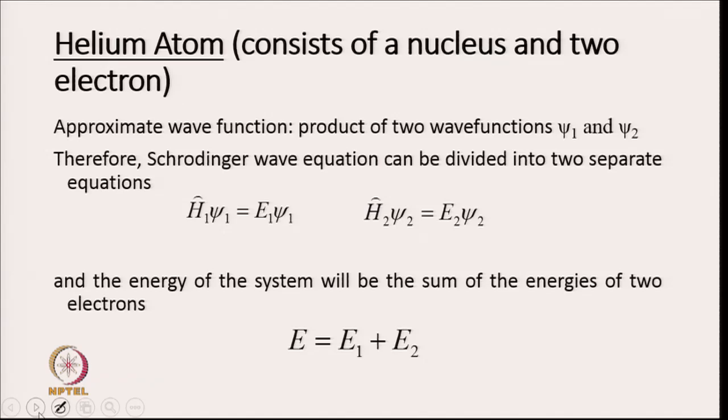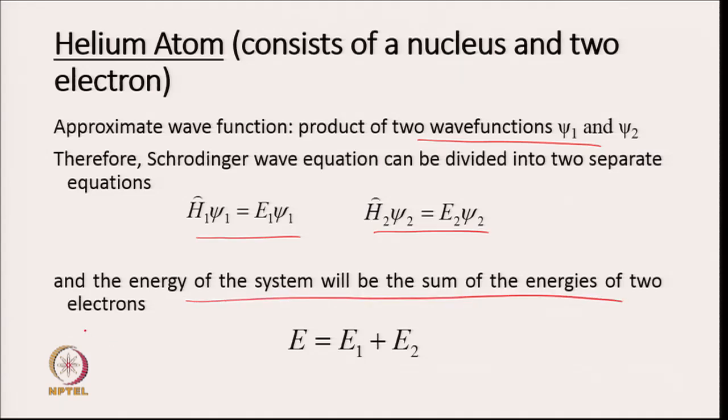So, the approximate wave function in this case will be the product of two wave functions psi 1 and psi 2, and the Schrodinger wave equation can be divided into two separate equations given by H1 psi 1 is equal to E1 psi 1 and H2 psi 2 is equal to E2 psi 2. In this case, the energy of the system will be the sum of the energies of the two electrons, the energy obtained using this equation plus the energy obtained using this equation. So, E will be the sum of E1 plus E2.